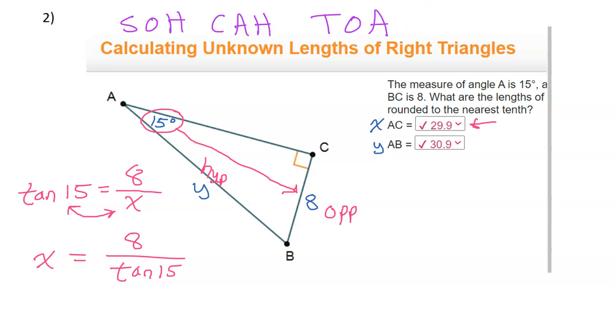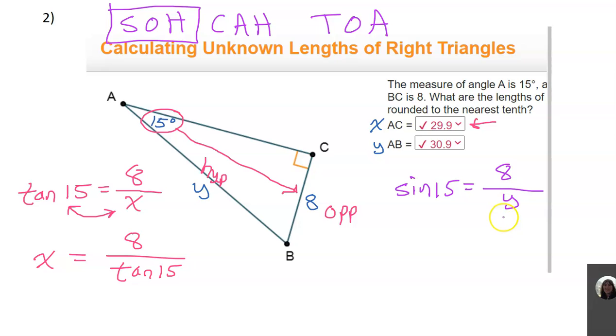Well, opposite and hypotenuse, now we're talking about the sine function, because sine is opposite over hypotenuse. So we can set up the sine function by doing sine of the angle, and that's going to equal opposite over hypotenuse. That's going to be 8 over y. Again, notice that we have this variable in the denominator.